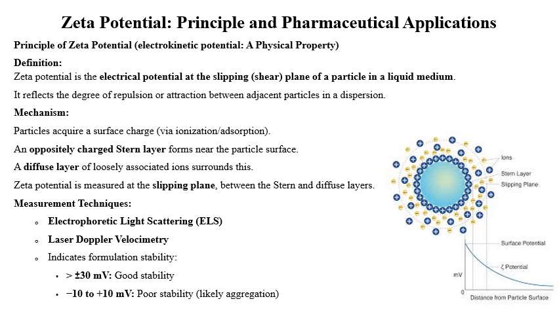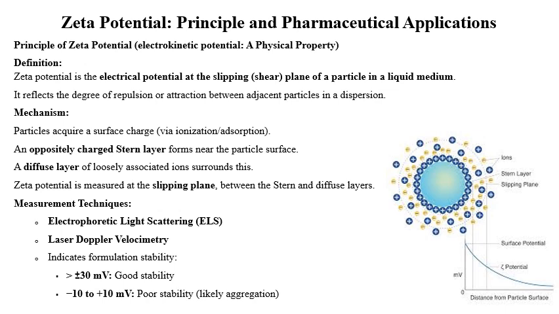This slipping plane is also called as shear plane. Know that the adjacent layer will be there to the particle with some charges, and another layer with opposite charge to the adjacent charges layer will be there.